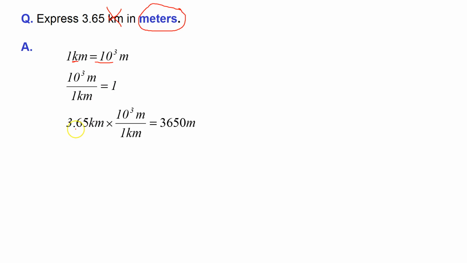So here I am, 3.65 kilometers multiplied by the conversion factor that has kilometers on the bottom line and meters on the top line. So what goes there always goes there. Okay, now kilometers are going to cancel out and I'm left with meters, which is what I want.